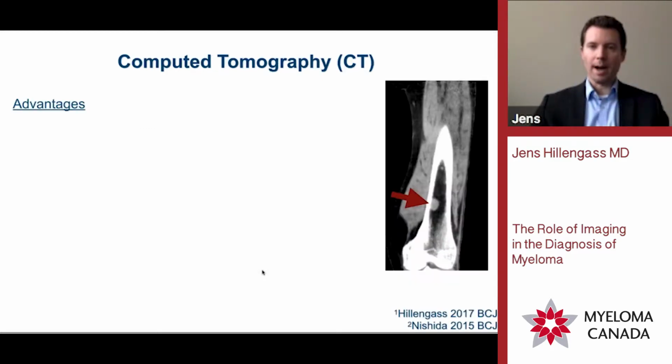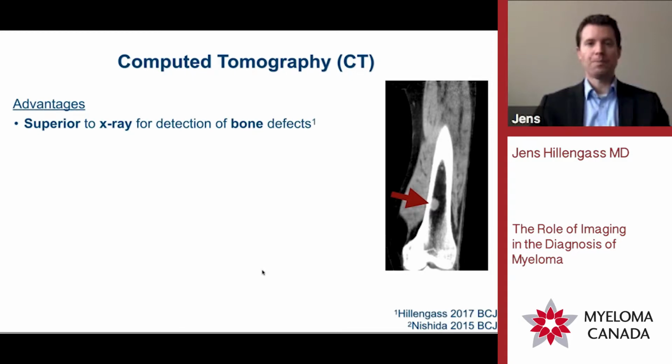That's the reason why I am a big fan of computed tomography, with a much higher sensitivity. The advantage is it has a superior detection rate, especially for the bone defects. This is mostly caused by the fact that the CT beam goes around the body, and that you see it from every angle, and this gives a much higher sensitivity.